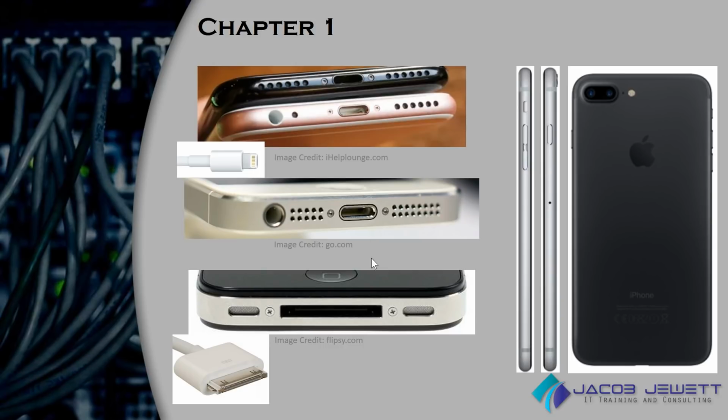So here we have where that lightning cable connects. You see that that's standard across the iPhone 5, the iPhone 6, and the iPhone 7. Okay, so that's how I have that set up here. This is a 5, and this is a 6, and this is a 7 iPhone.